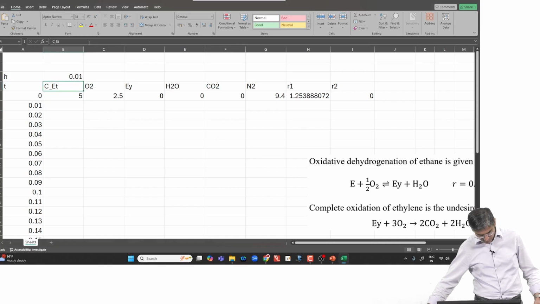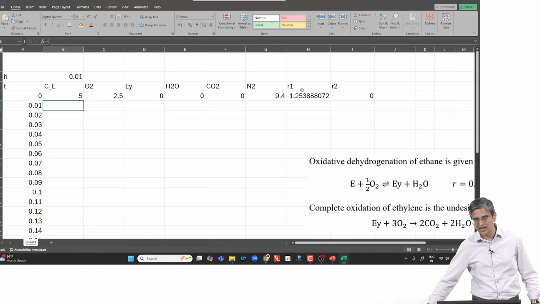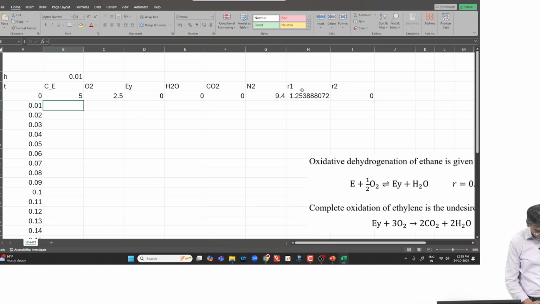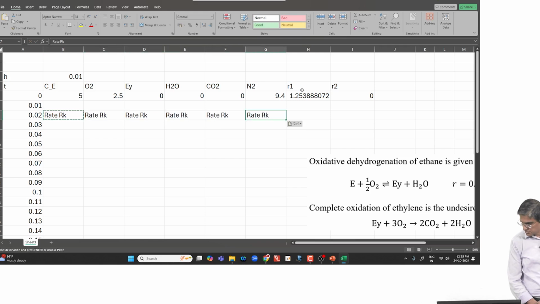The rate of formation of E is nothing but minus 1 multiplied by R1 plus 0 multiplied by R2. This is just to show you how to do it.